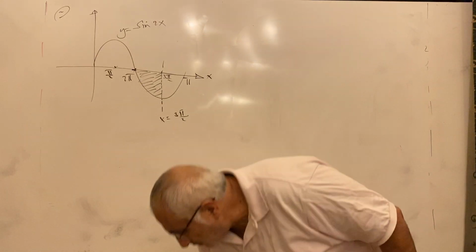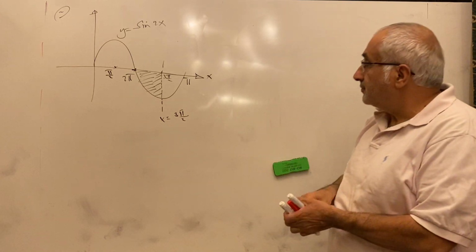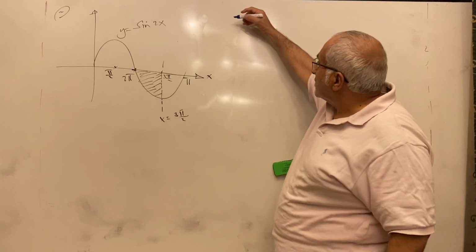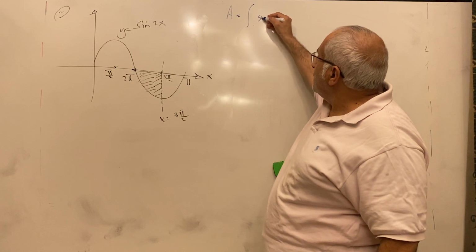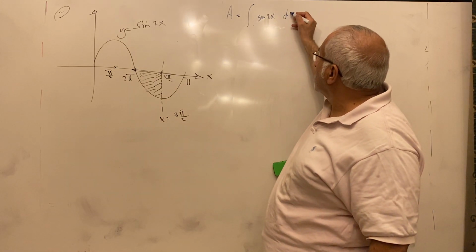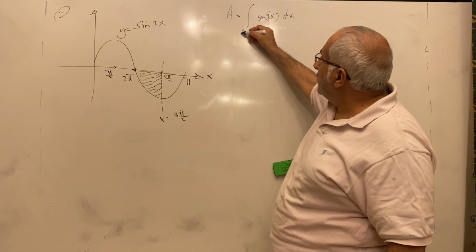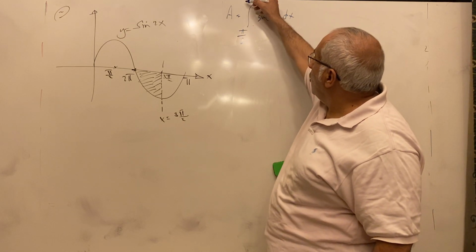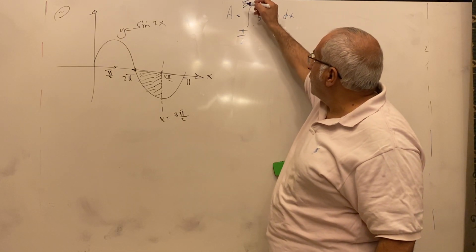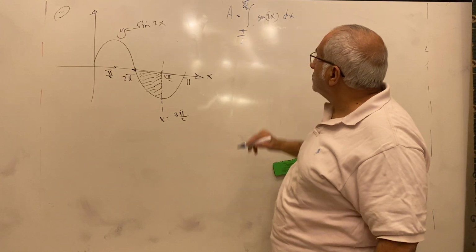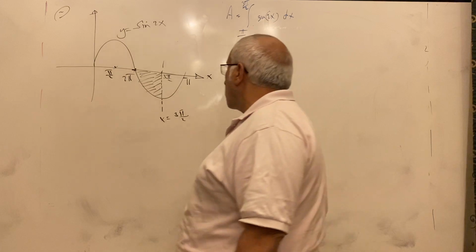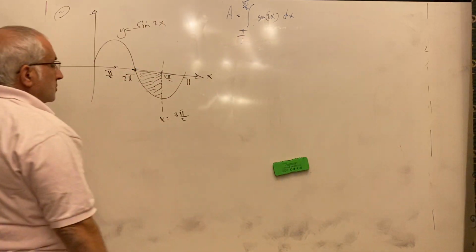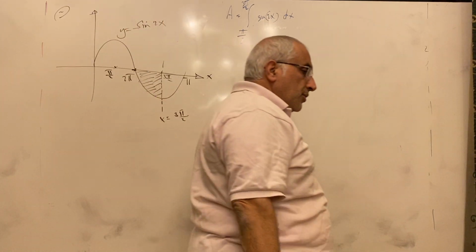You already got it at the beginning of the video. So the area is, the function is sine 2x dx from pi over 2 all the way up to 3 pi over 2. All right, so far so good.